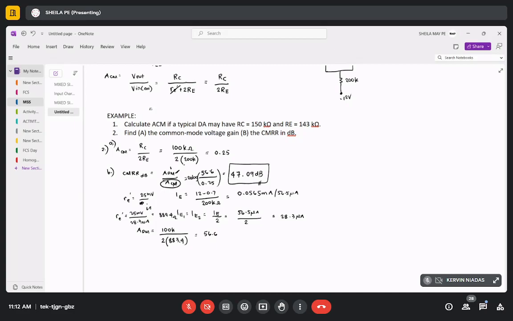Now, in finding ACM for number 1, given the data in number 1, where is the ACM? ACM, that's RC, the big R. Okay, so that would be RC is 150K, over twice of our 143K.